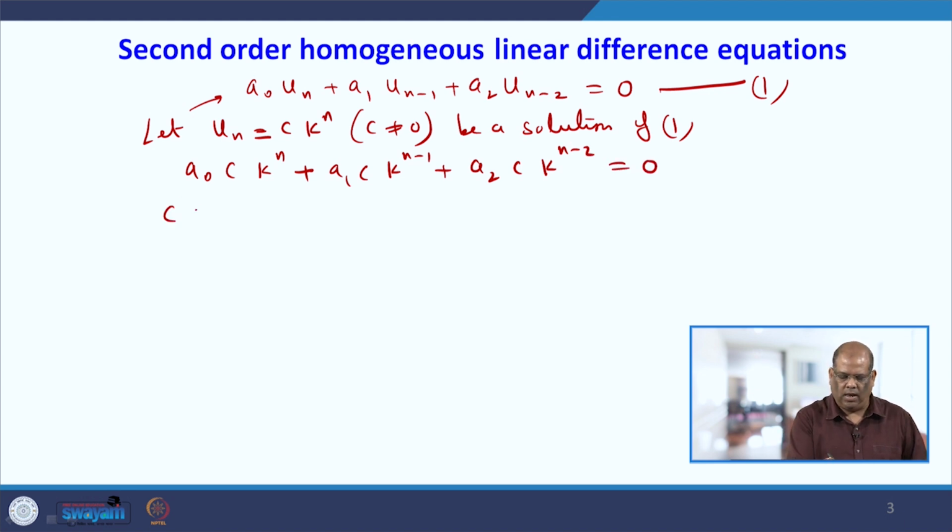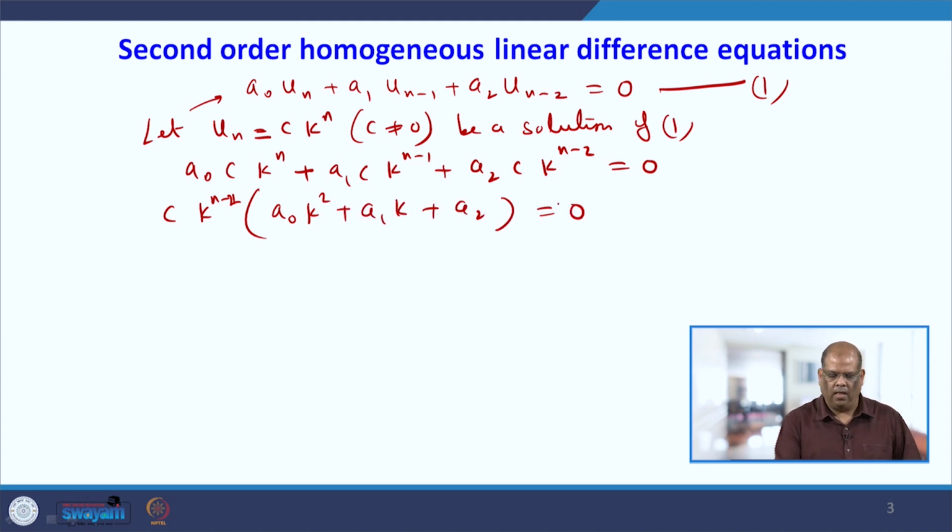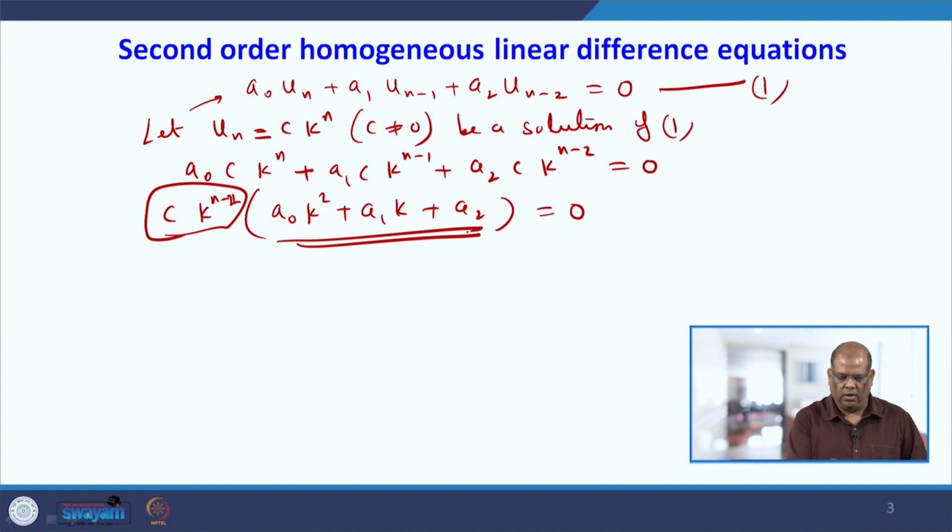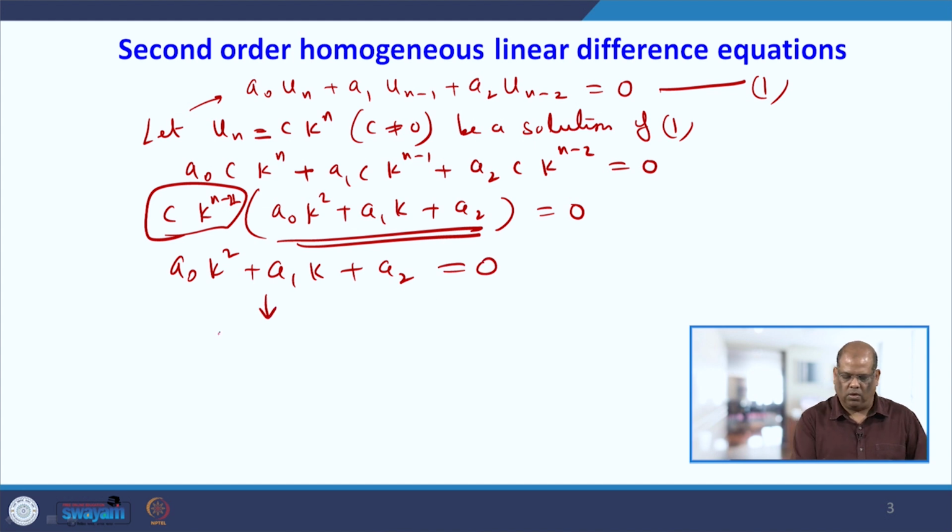If I take c k to the power n minus 2 common, I will get a0 k square plus a1 k plus a2 equal to 0. Now, c k to the power n minus 2 is not equal to 0, and the only thing that can be equal to 0 is this equation. So, a0 k square plus a1 k plus a2 is equal to 0. This is called the auxiliary equation.